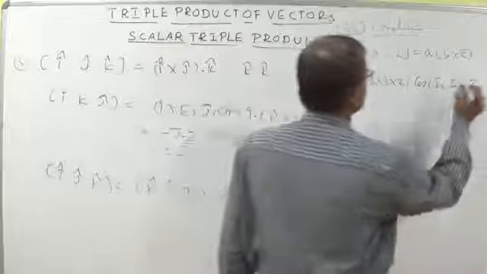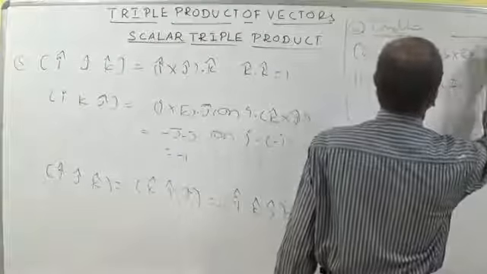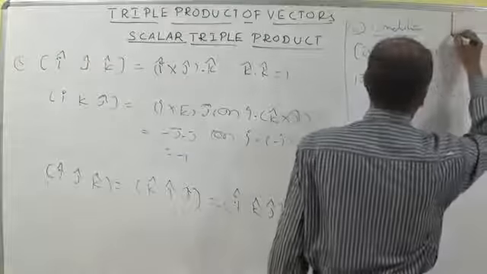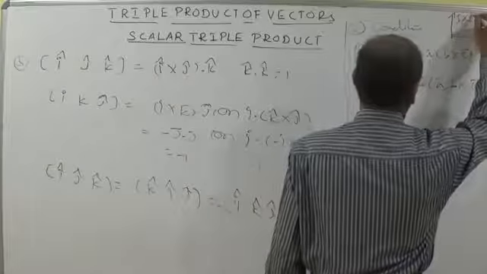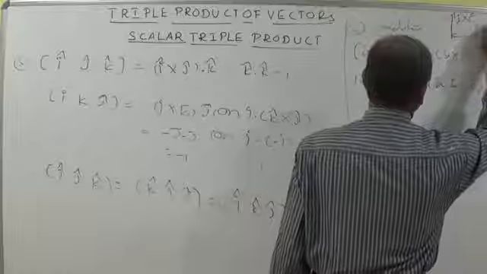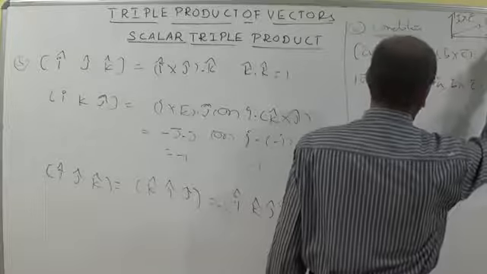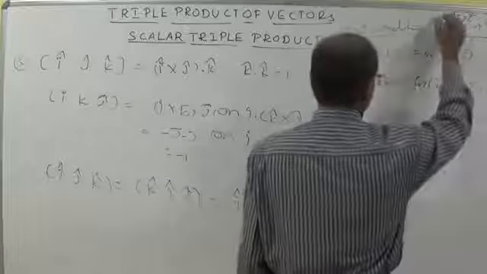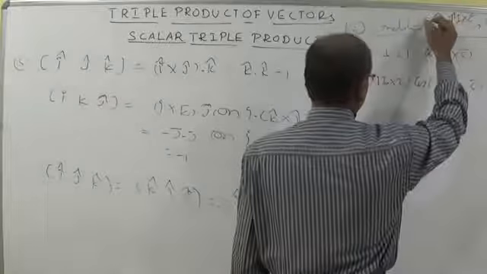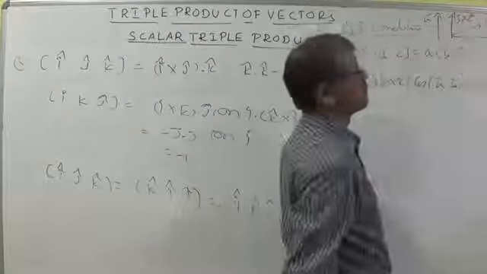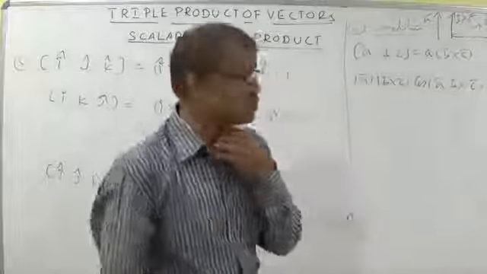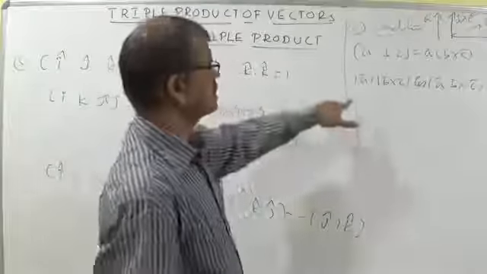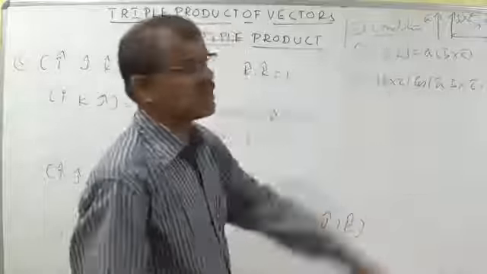So let us discuss, this is B bar and this is C bar. This is the perpendicular vector to both B bar and C bar. So the vector B cross C is perpendicular to both B bar and C bar. Then if A bar is parallel to it, using the IJK concept also you can say it, I am simply saying the obvious condition here.